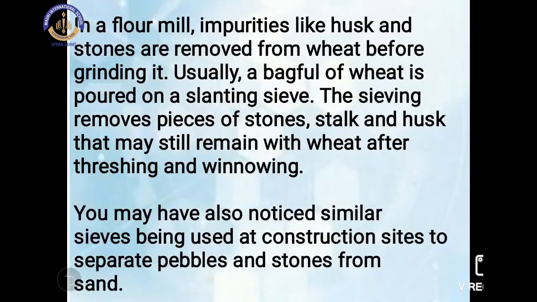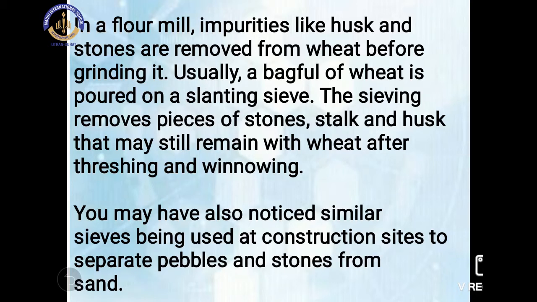Now in a flour mill, impurities like husk and stones are removed from the wheat before grinding it. When we go to the flour mill to grind the wheat or grain, before making flour from the grain, we have to remove impurities like husk and stone.